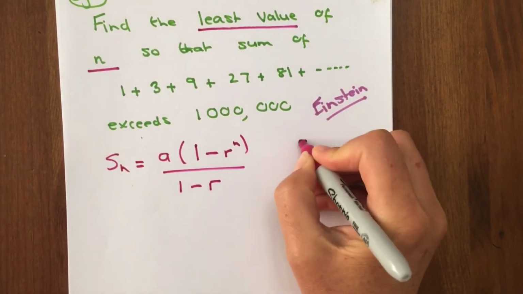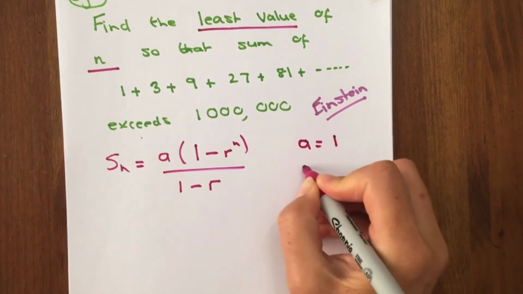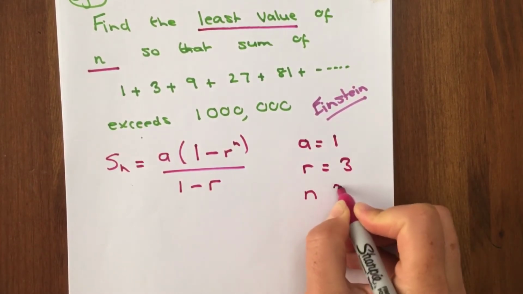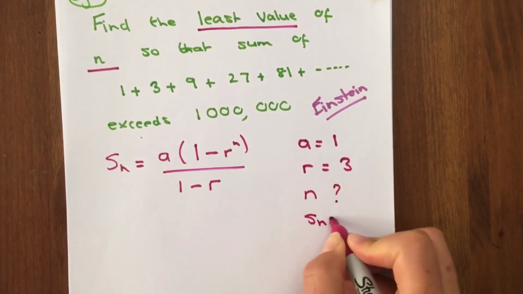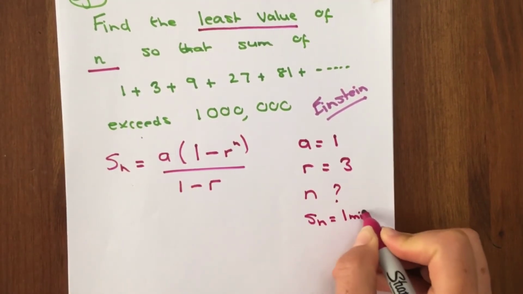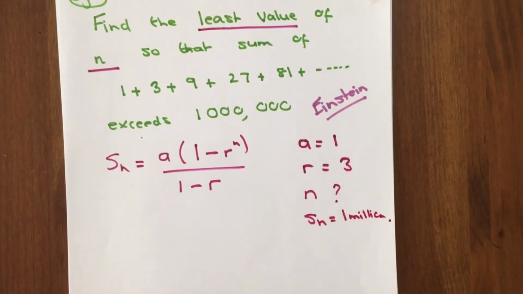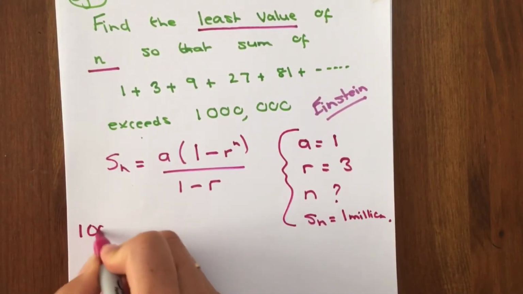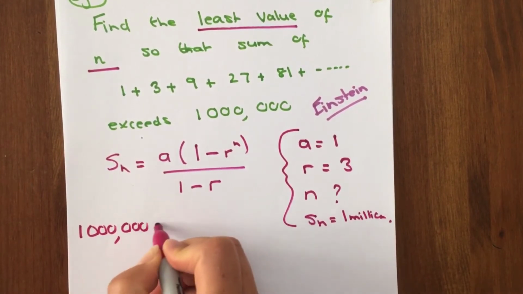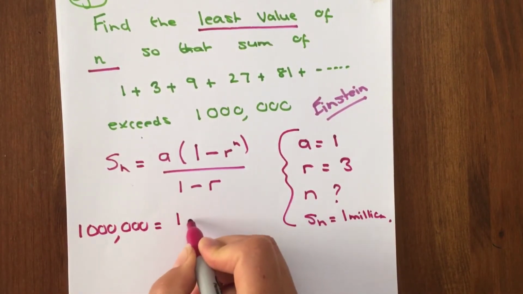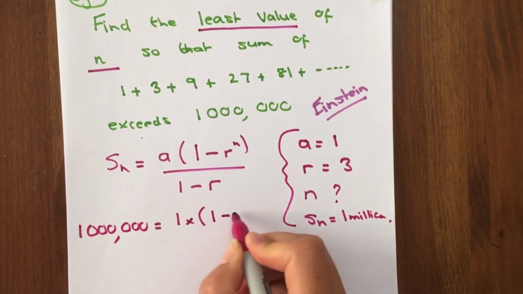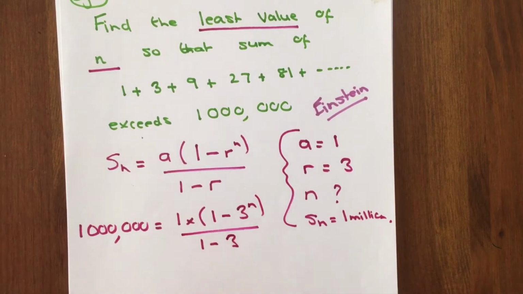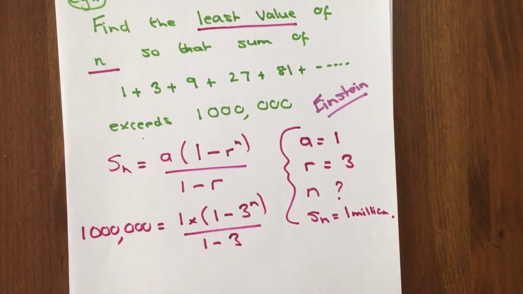Right, so what do we know? Well, we know a is 1, we know the common ratio is 3, and n we want to find out. But I'm going to make the sum to be 1 million. So I'm going to put this into my rule, and we're going to work out what n is.